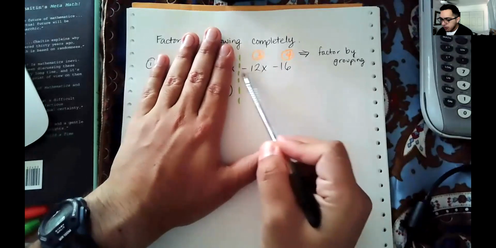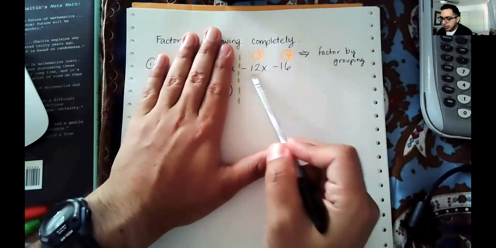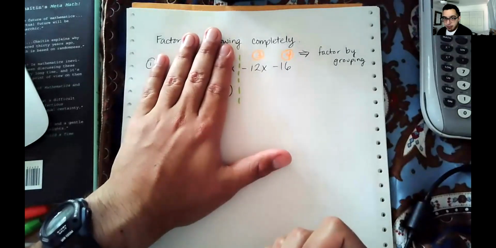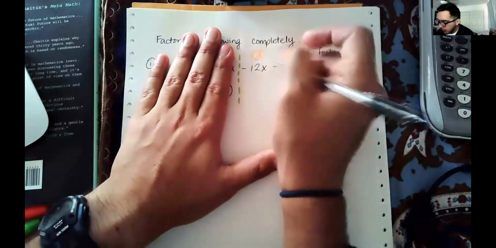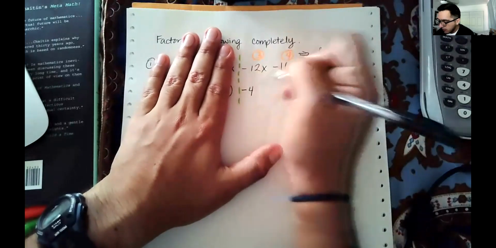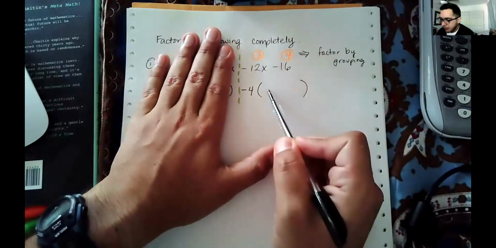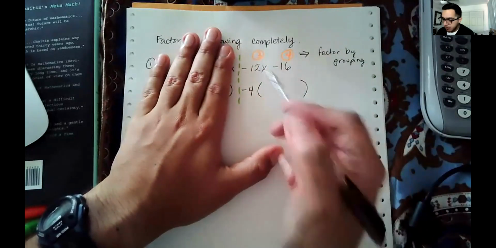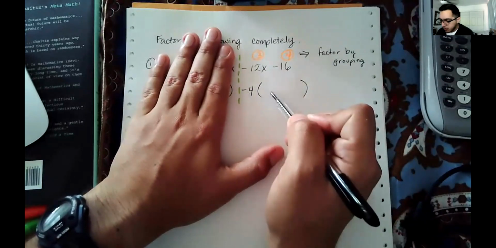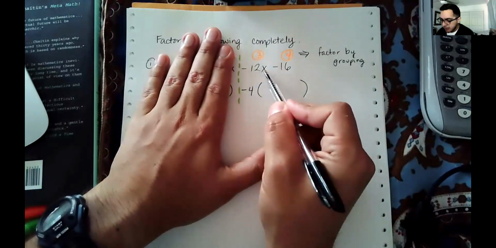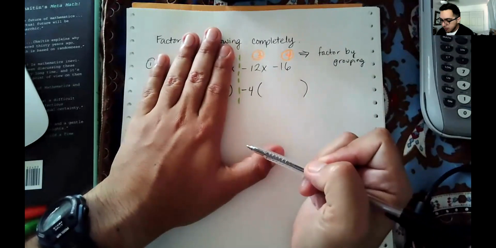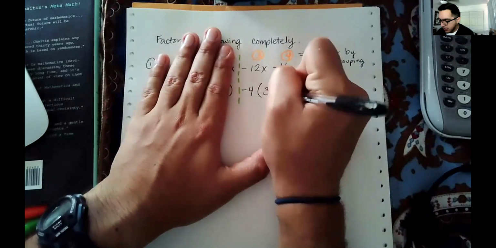So this negative 12x and this negative 16, what is their greatest common factor? -4. Yeah, -4. So we'll factor out a -4, open up some parentheses. And again, since I have two terms here, I need to have two terms in the parentheses. So -4 times what will give me -12x? A +3x. Positive 3x, correct.